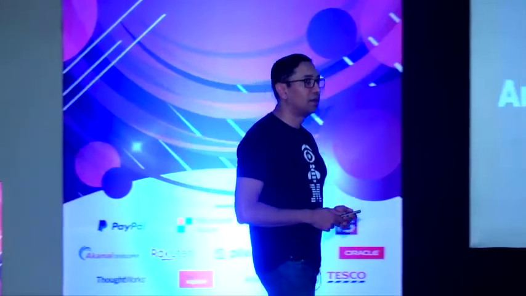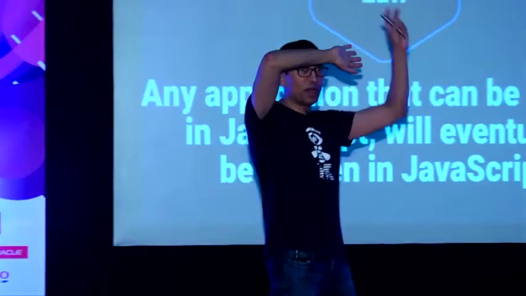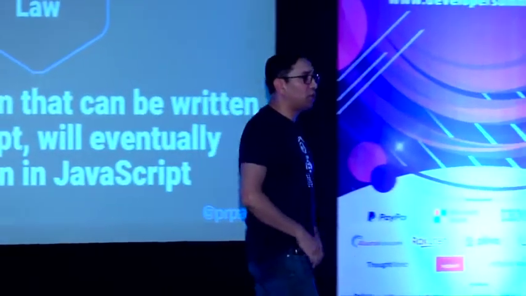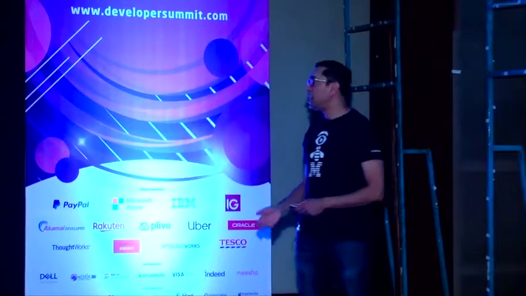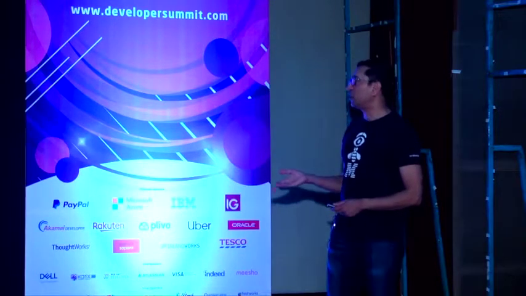All right, but before we jump into that, why are we interested in doing ML in the browser? Well, one answer is called Atwood's Law. Who's heard of Atwood's Law before? Anybody? A few people, right. Atwood's Law was coined by Jeff Atwood, and he said that any application that can be written in JavaScript will eventually be written in JavaScript.